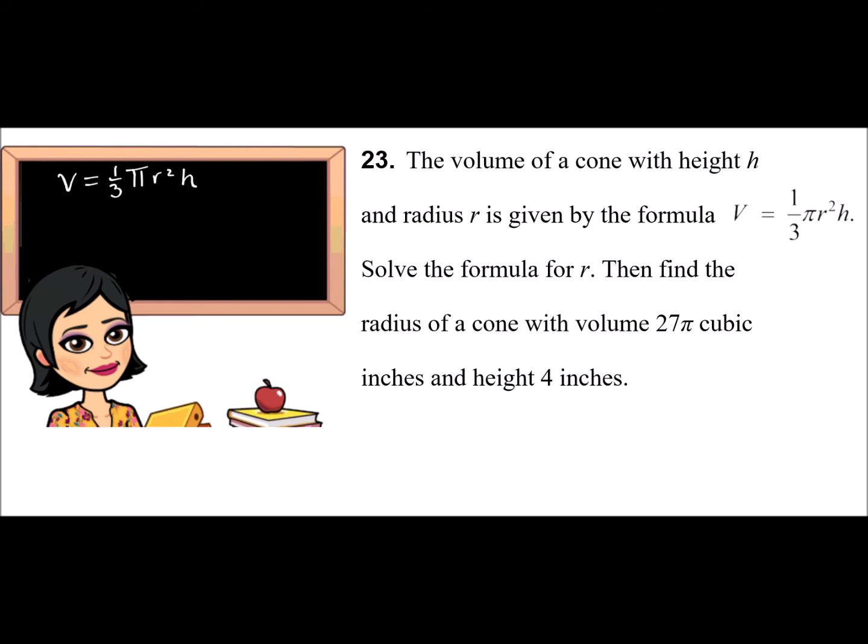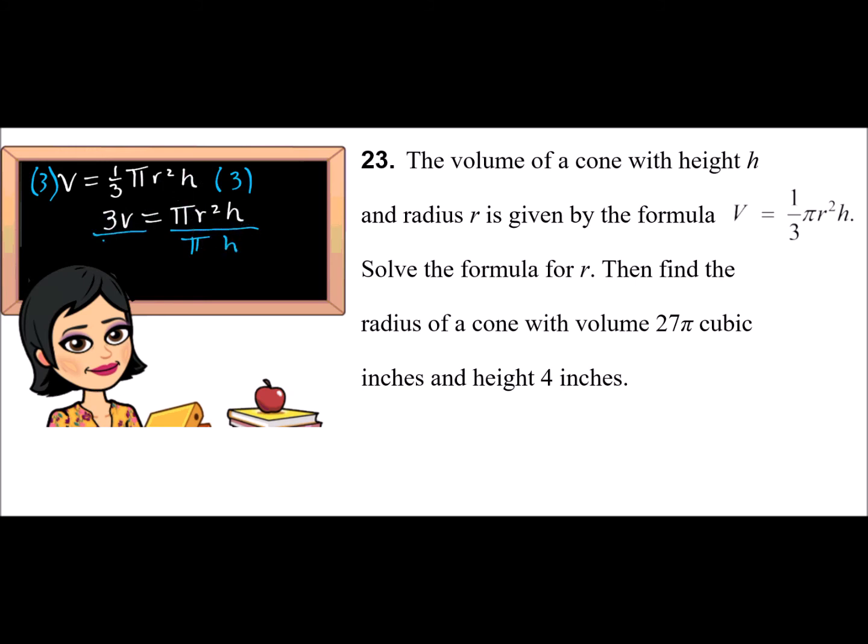The first step I would do to isolate r squared is to multiply by 3. That will get rid of that fraction, and then we can keep going forward. Since all of these are multiplying, in order to undo this, I would have to divide by pi, and that makes a 1 here, and h.